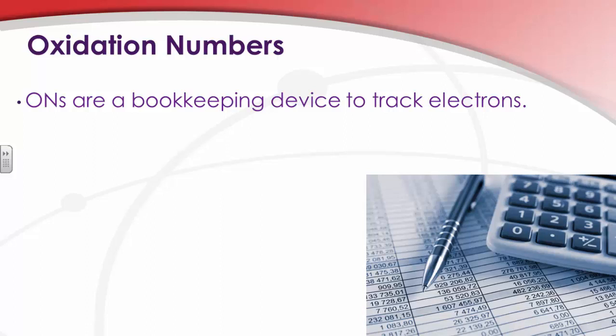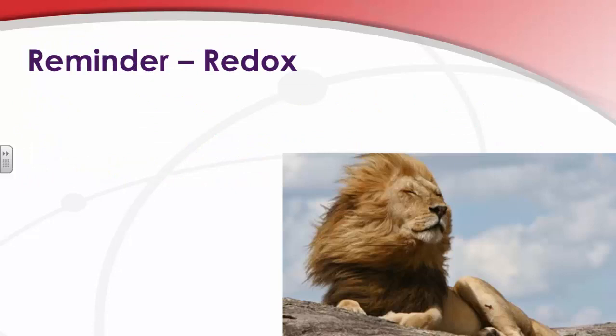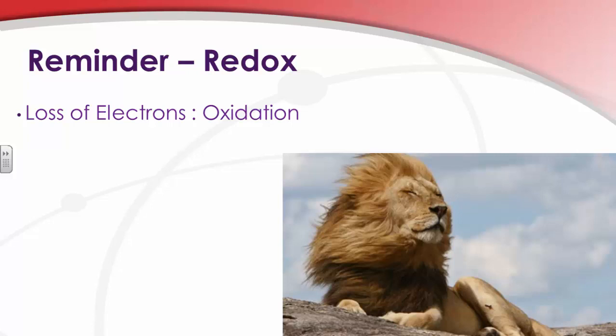So oxidation numbers are a construct. They're bookkeeping devices that we use to track electrons as they move between species. We assign them to each individual atom, and they allow us to balance reactions and identify the elements that are actually changing. So, again, redox is a reduction-oxidation reaction.